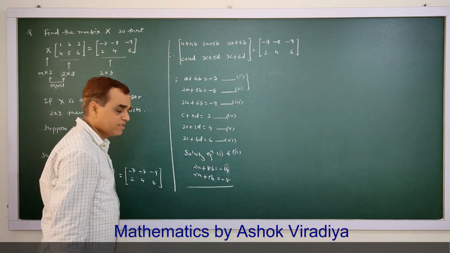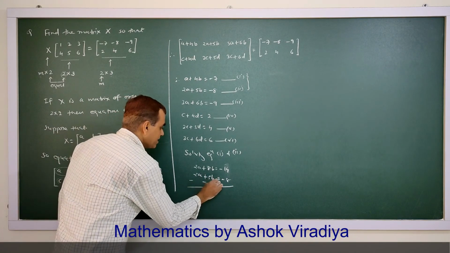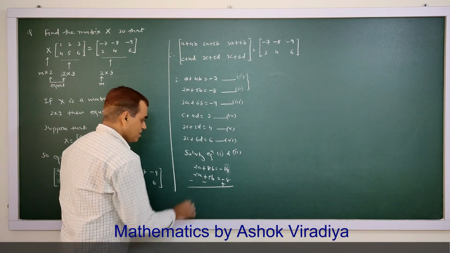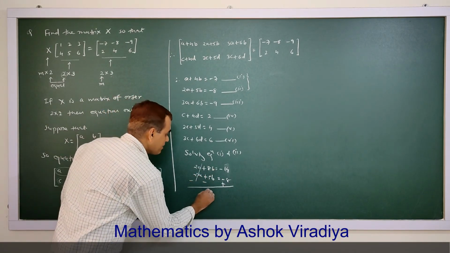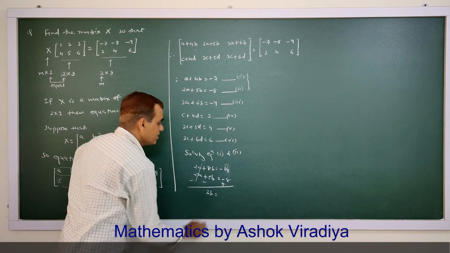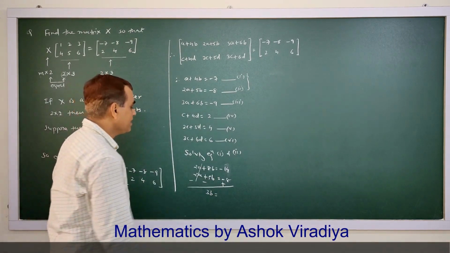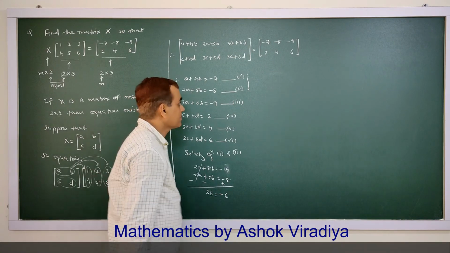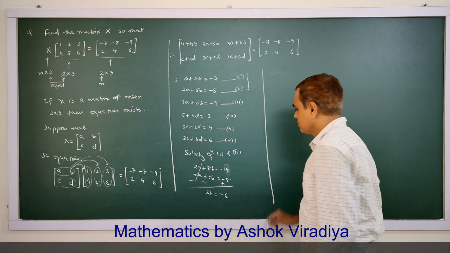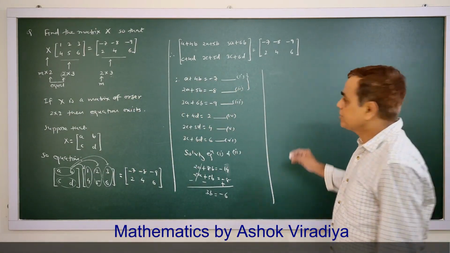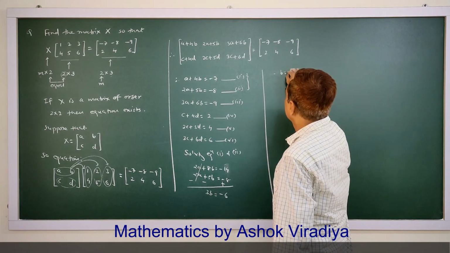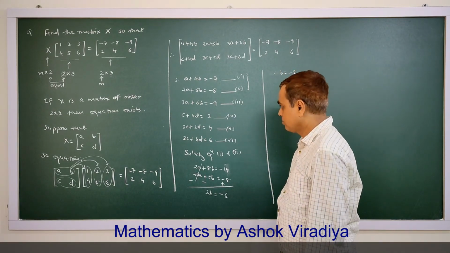Taking subtraction, the 2A will be cancelled. 8 minus 5 is 3B, and minus 14 minus minus 8 is minus 6. So B is minus 2. Therefore, B is minus 2.